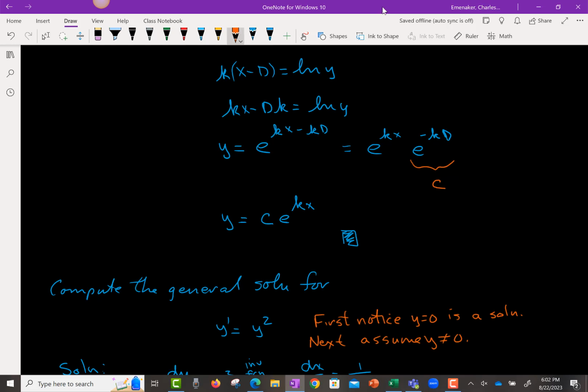This can be broken up into two separate factors. I'm going to have e to the k times x times e to the negative k times d. Now remember, k is a constant, d is a number. When you take e and you raise it to some number, you just get a number. So we can look at this whole thing here as just being c.